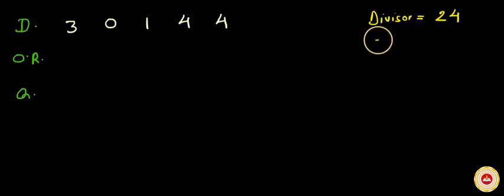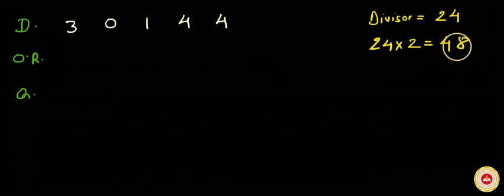So let us convert this 24 into a number which contains 8 in its units place. Multiply this 24 by a suitable multiple, which is 2, which gives us 24 2s are 48.